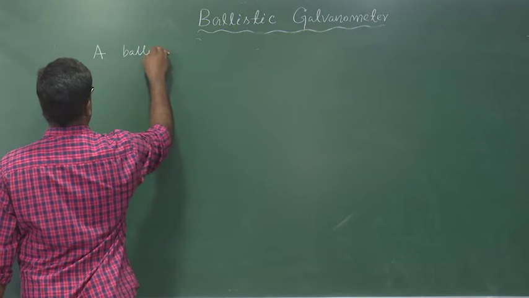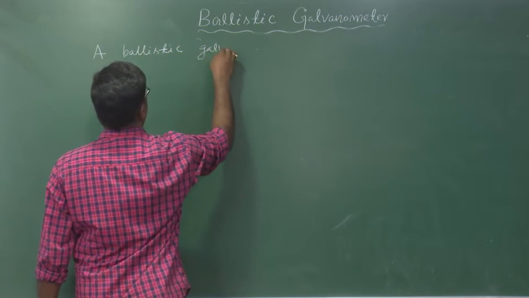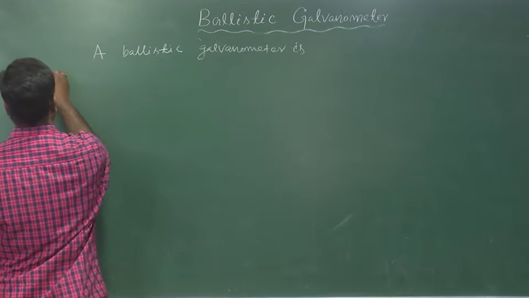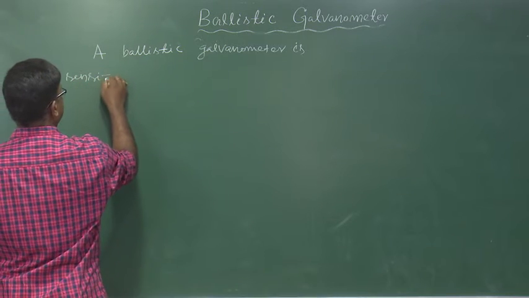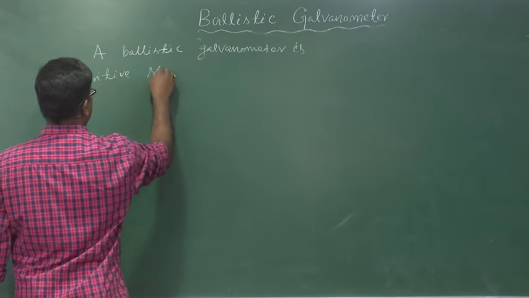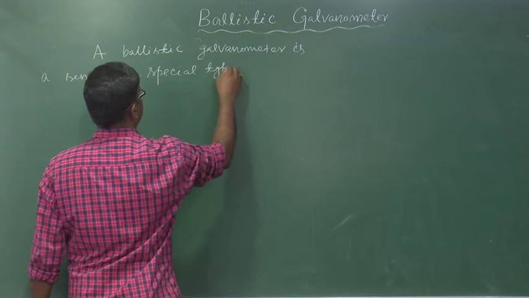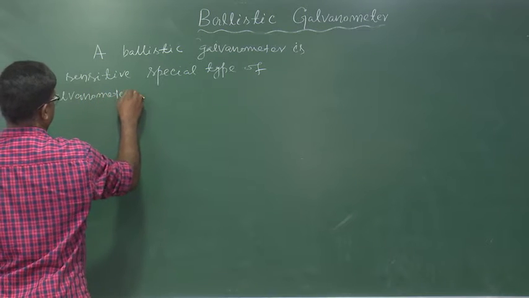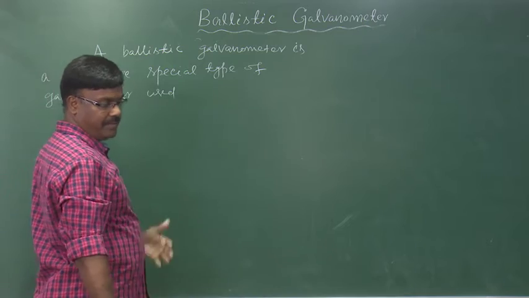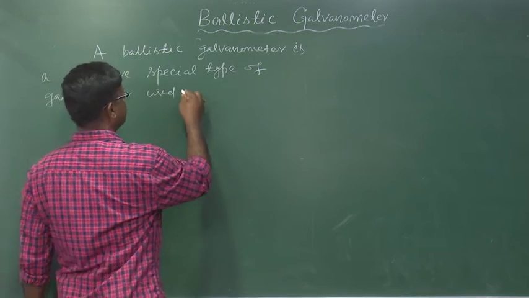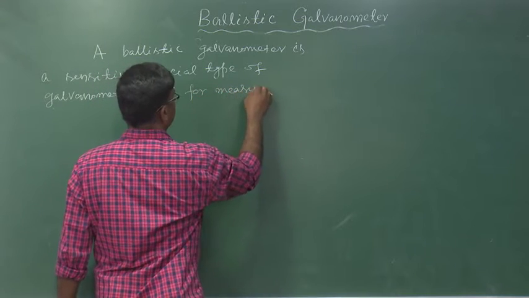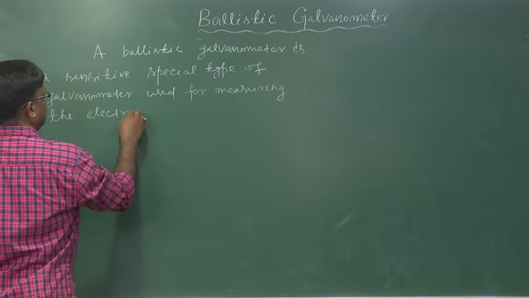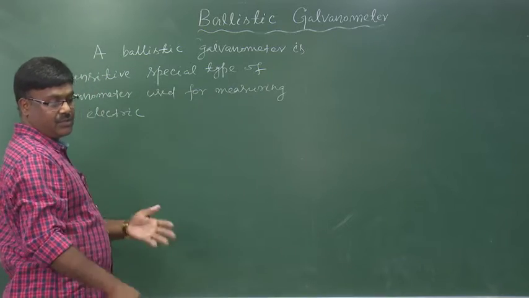A ballistic galvanometer is a sensitive special type of galvanometer used for measuring the electric charge discharged through it.